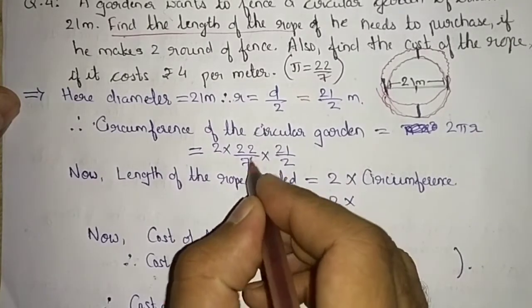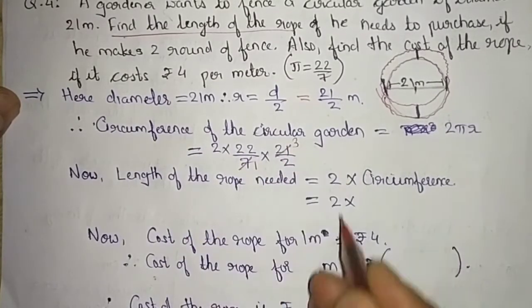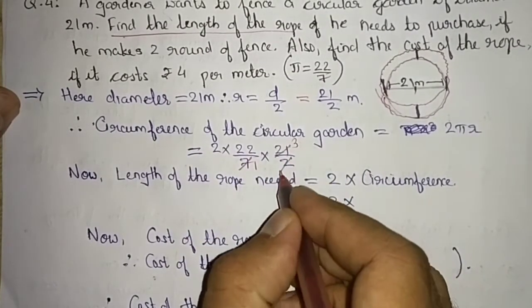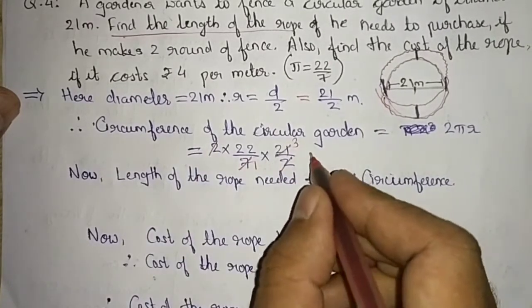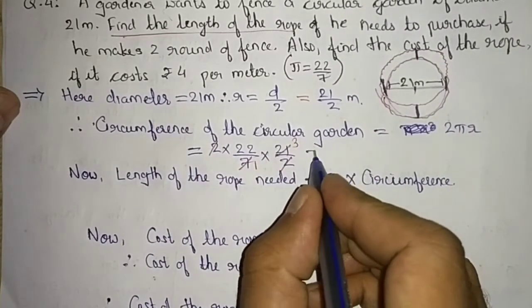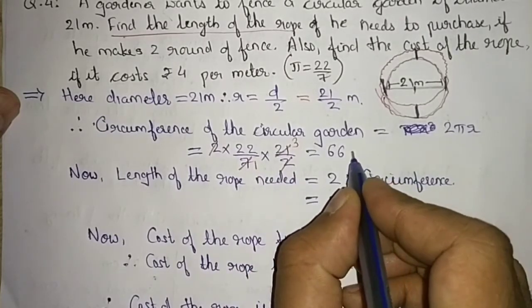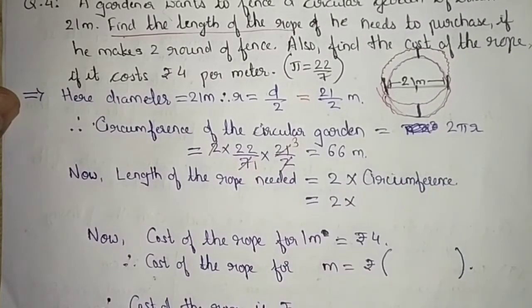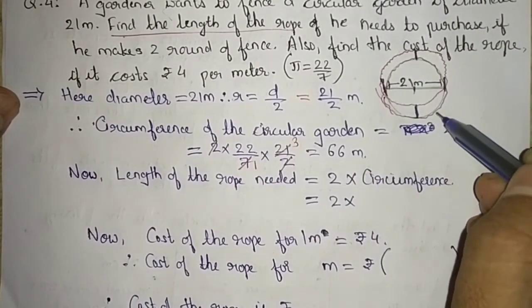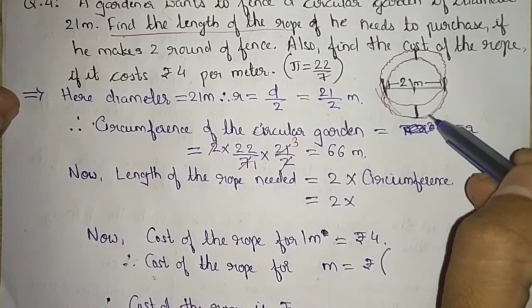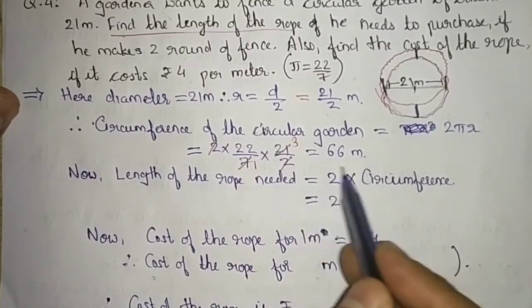You can see the 7 ones and the 7 threes can cancel out. The 2 and 2 from here will cancel out. So we are left with 22 into 3, that is 66 meter. This is the circumference of one circular round. If I cover one round, it will be 66 meter.